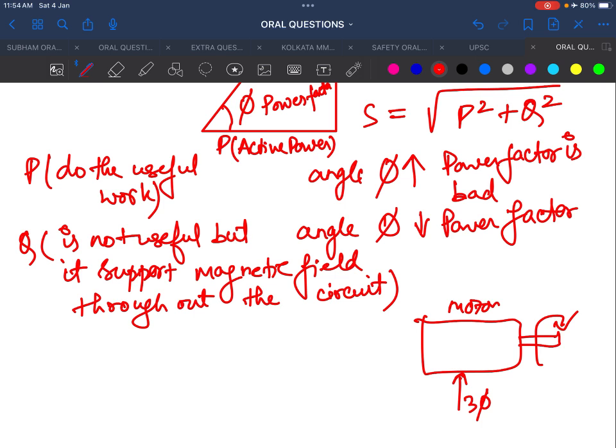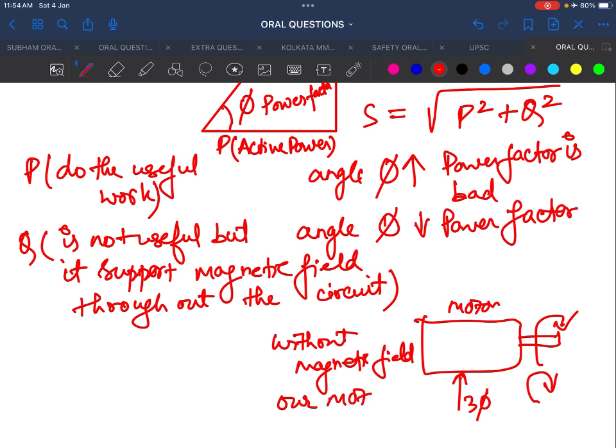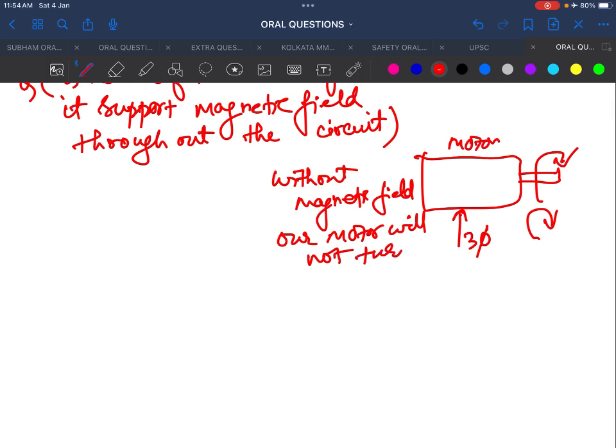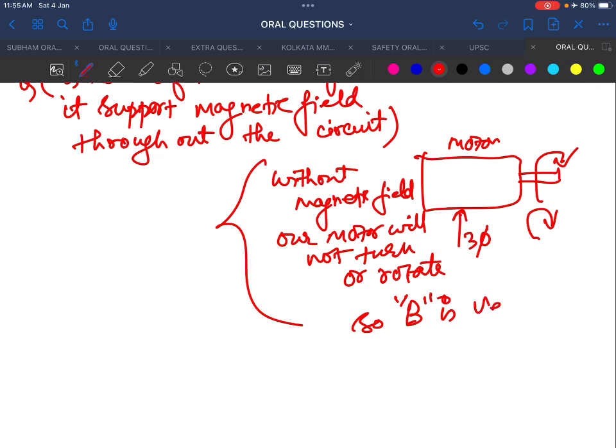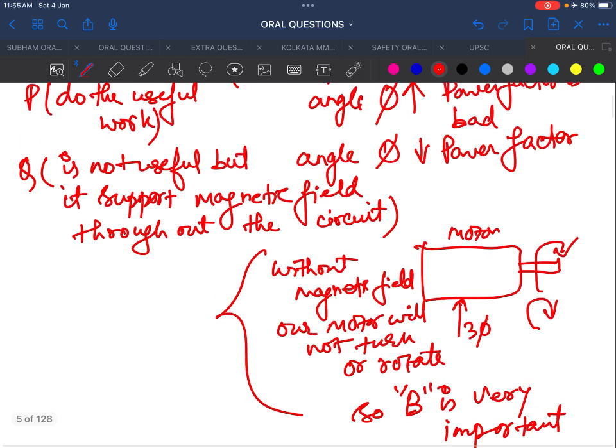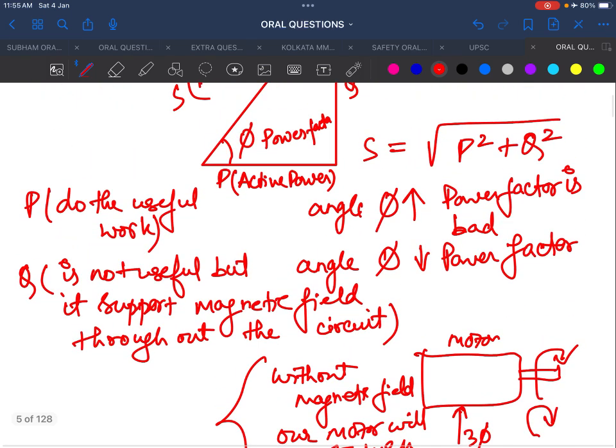Without this magnetic field, our motor will not turn or rotate. The magnetic field, denoted by B, is very important. Without B, it will not support any rotation or further movement.